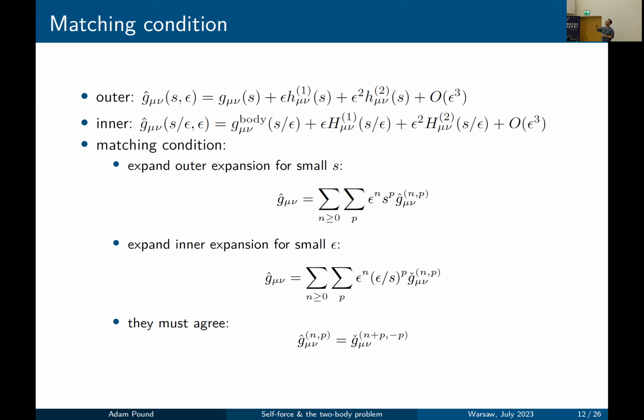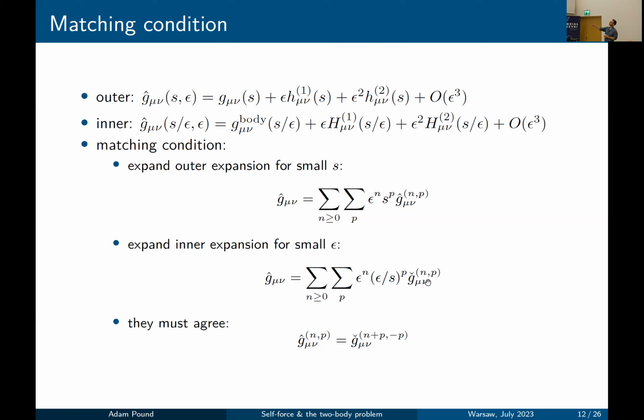Now what we can do is we can take our inner expansion and re-expand for small epsilon. But we expand for small epsilon at fixed s, not at fixed s tilde. When we do that, we get another double expansion. So we have functions that are functions of s over epsilon, and we're expanding in powers of epsilon.